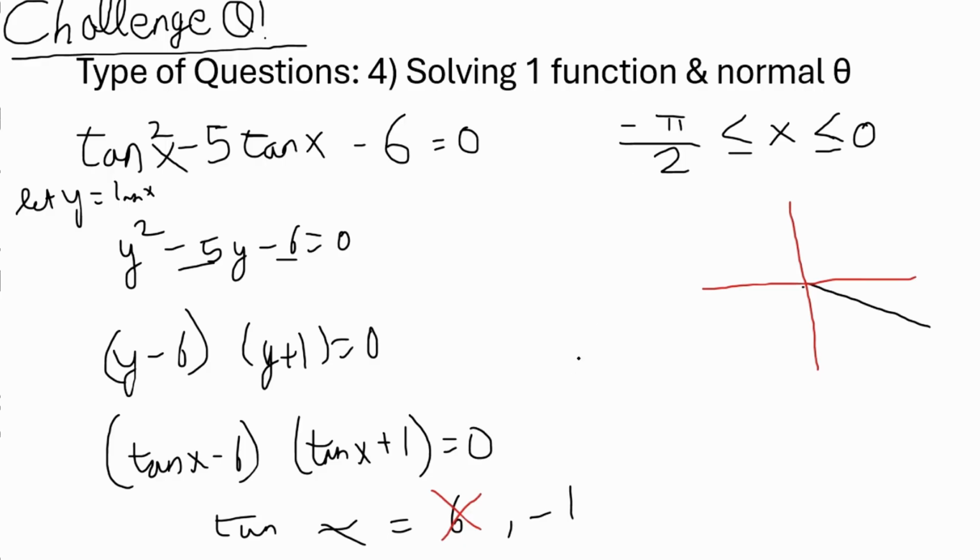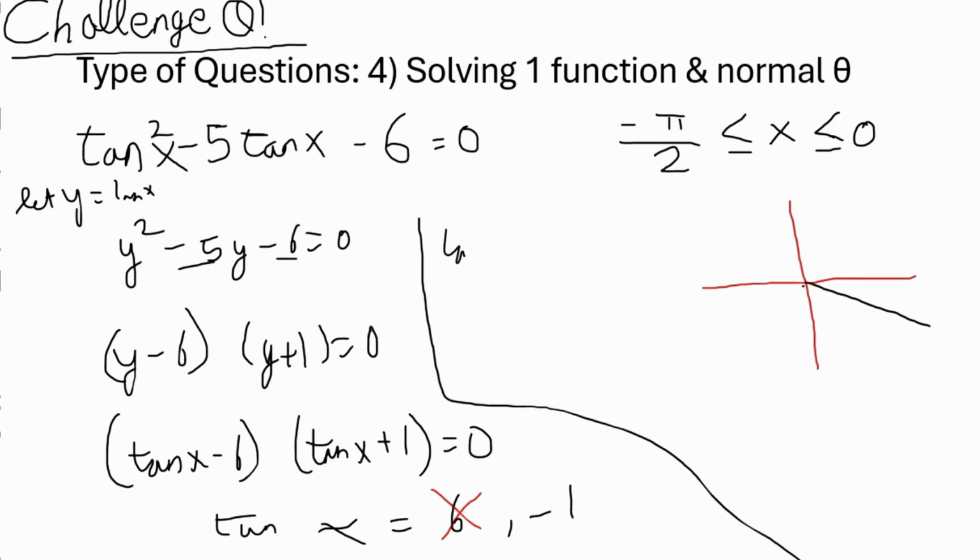So what I like to do, I solve it using just normal angles, and then I subtract a 2 pi to find the negative version. So to show you what I mean, I know that tan x equals negative 1.